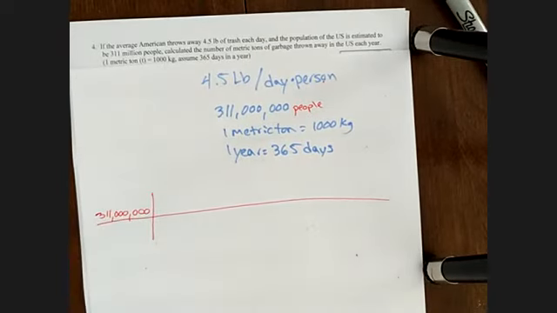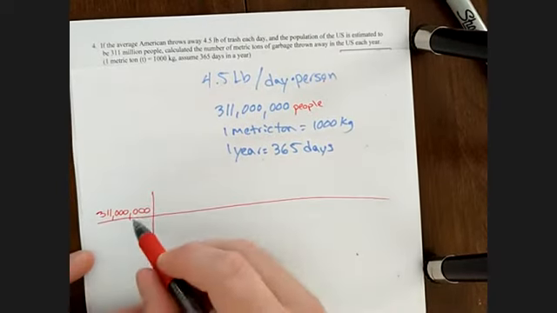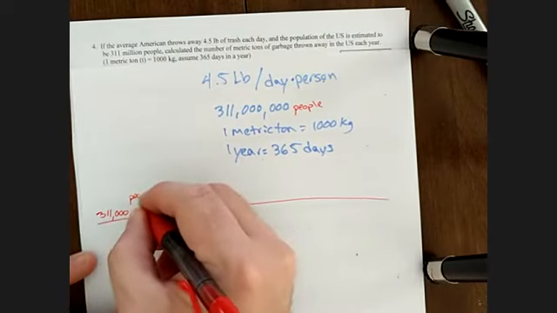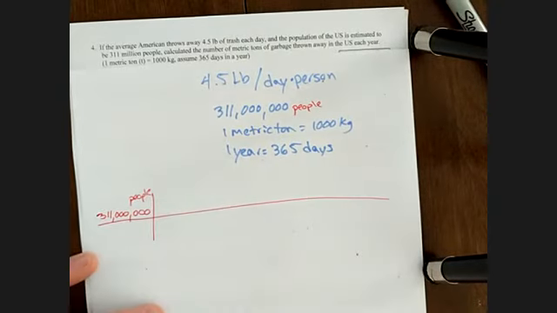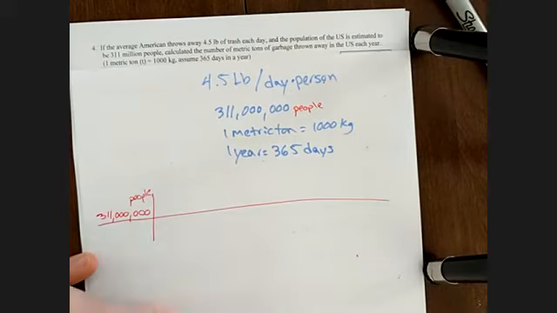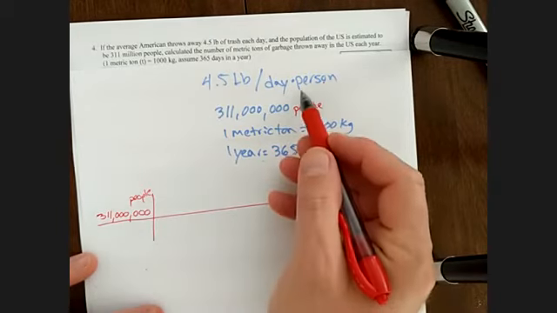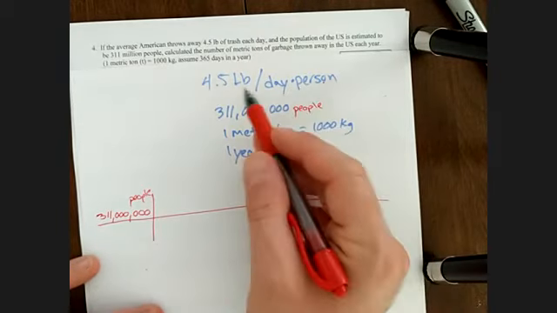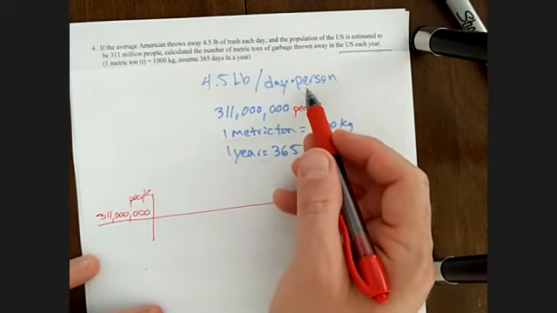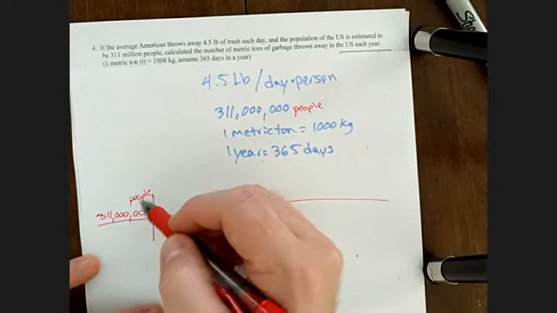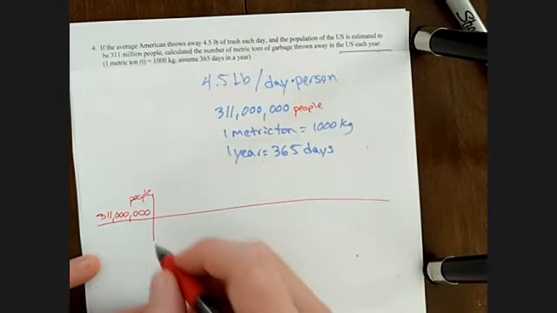Now the only other term that has people in it, which would lead us to our next step, is the top one. It has 4.5 pounds per day per person. People and persons are the same unit here.